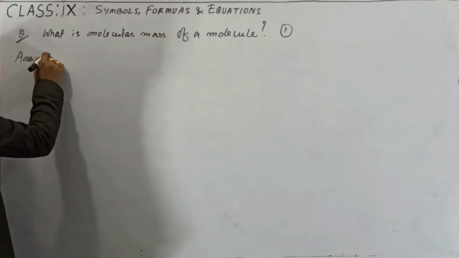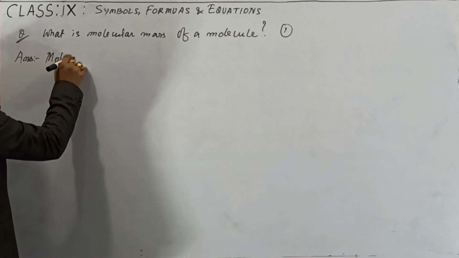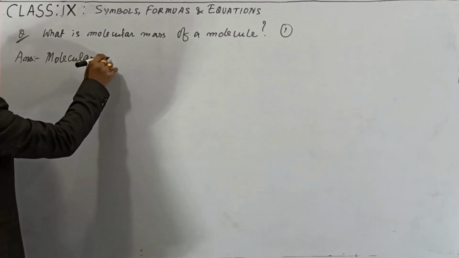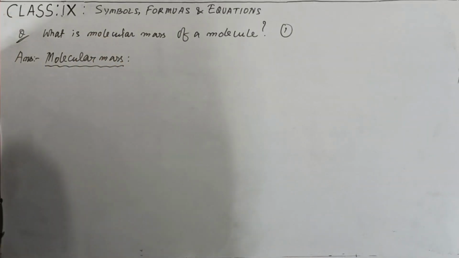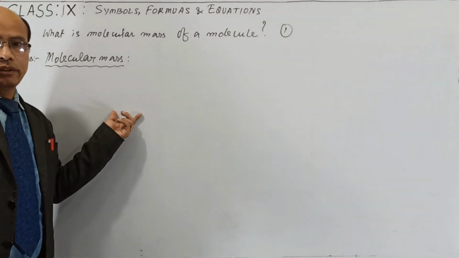You can write like this: molecular mass. Molecular mass is also a relative mass of a molecule. Why do you use the word relative?